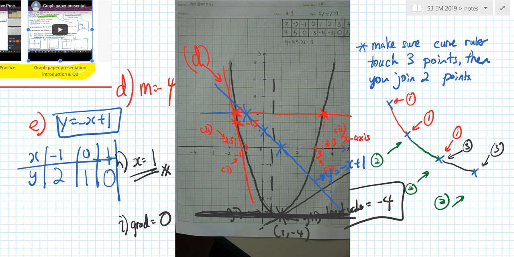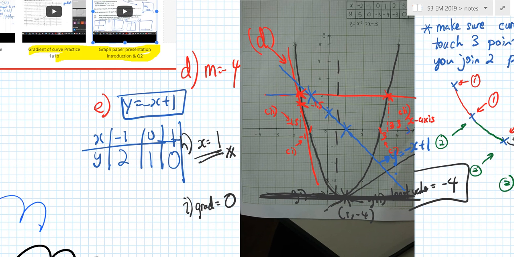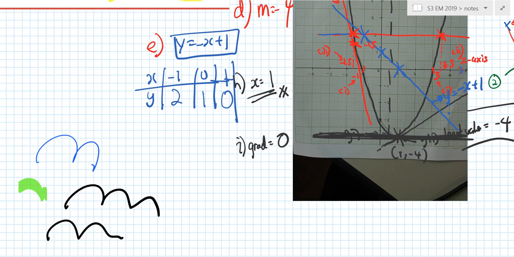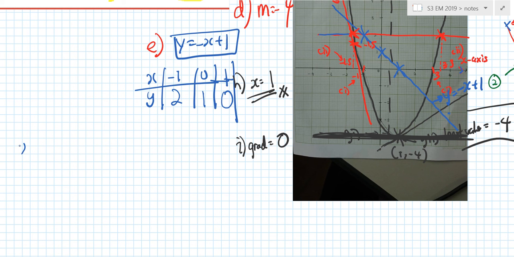So, what do I write? Write down the x coordinate. X equals to minus 2.